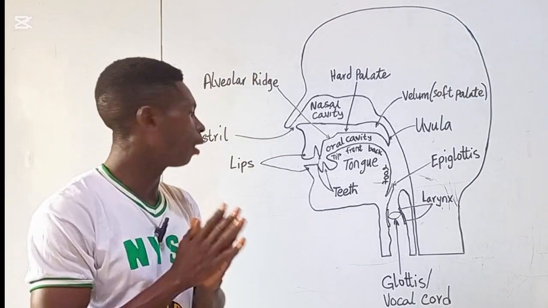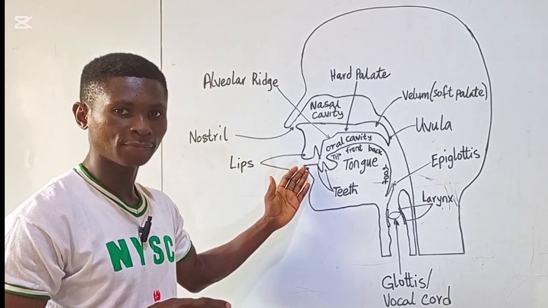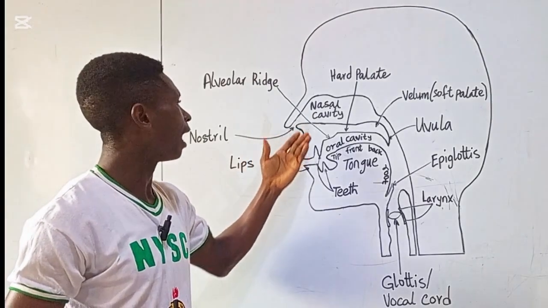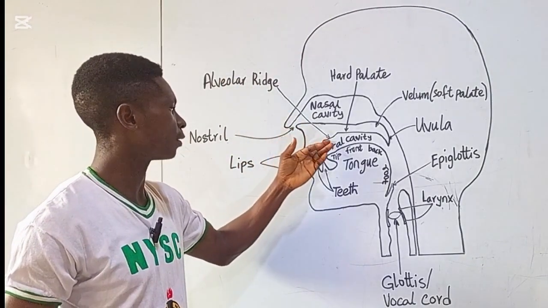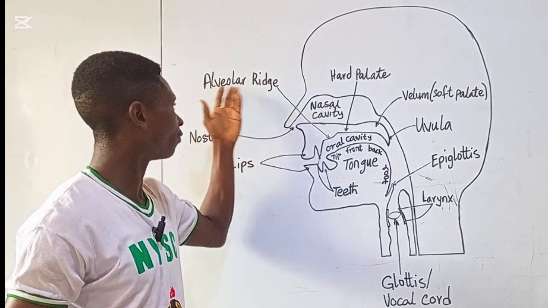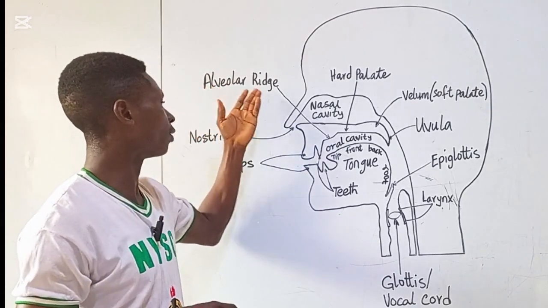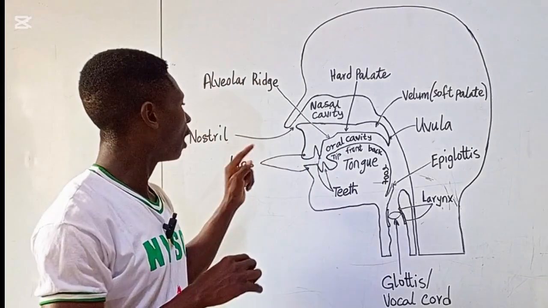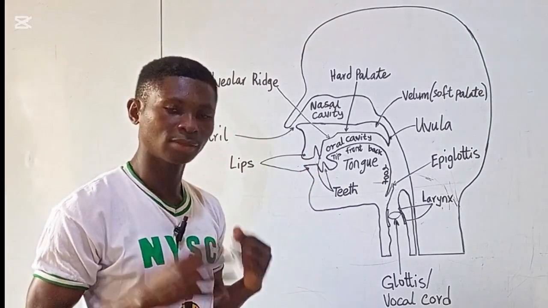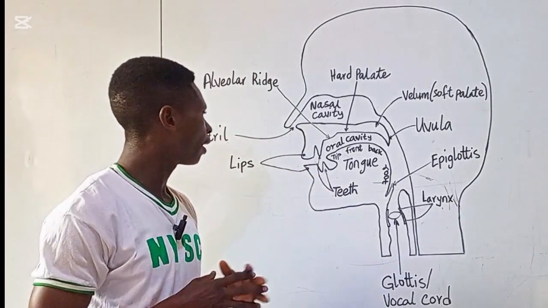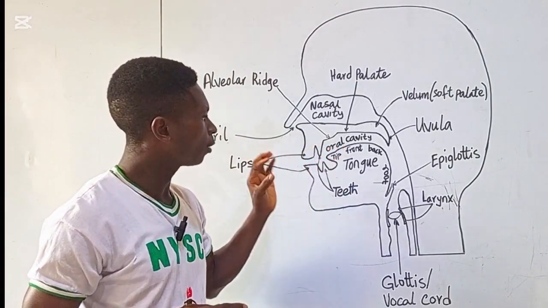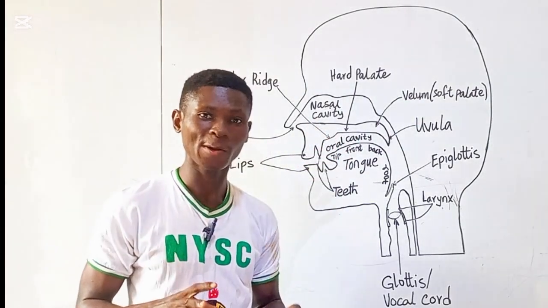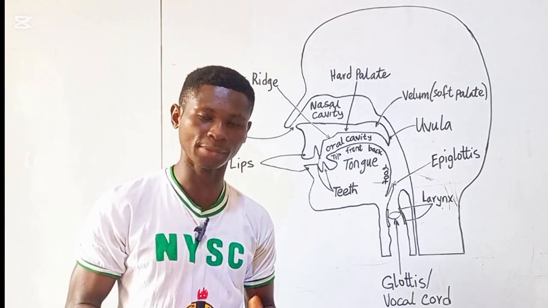Again, you will know all the bilabial sounds we have, all the nasal sounds, and all the alveolar sounds. I told you that sounds produced with the help of the tooth root are known as alveolar sounds because of the alveolar ridge, which is the tooth root. Then all the dental sounds, that is the sounds articulated with the help of the teeth. Again, all the velar sounds. So take note of these points. We are going to discuss further subsequently.